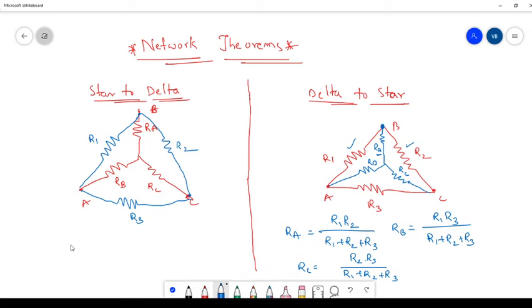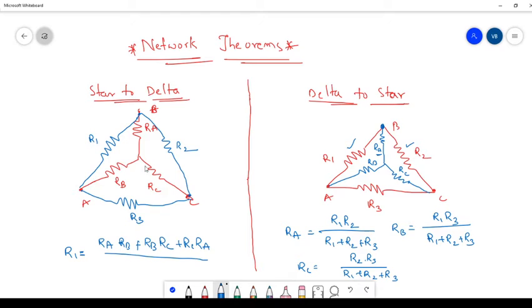So I am writing R1 is equal to RA RB plus RB RC plus RC RA, divided by, here RA and RB are included to calculate R1.